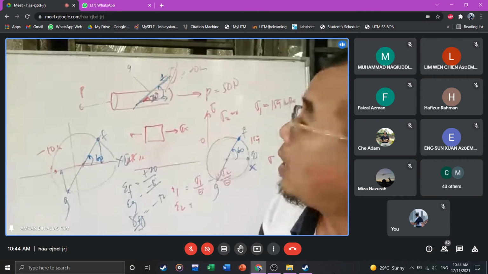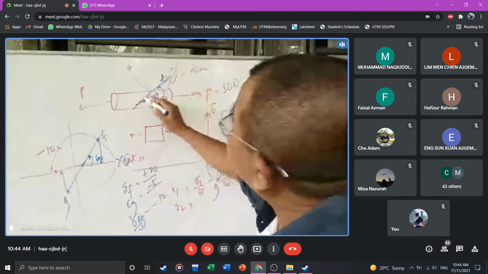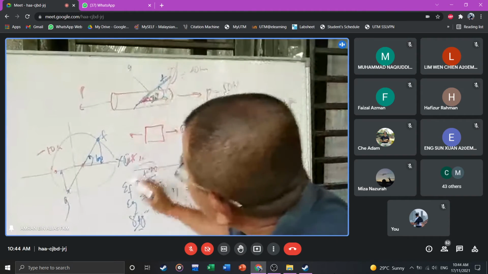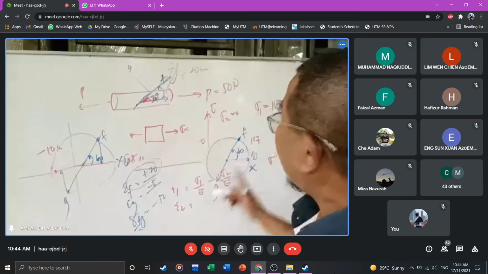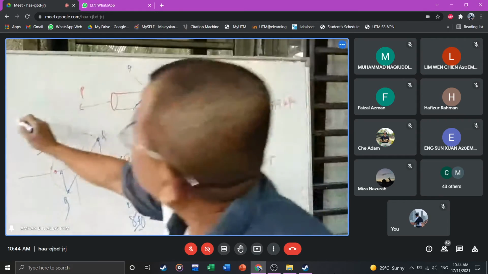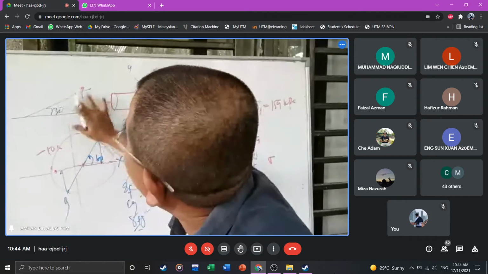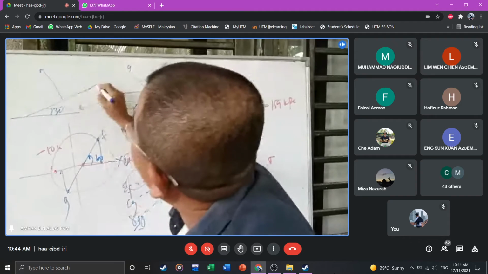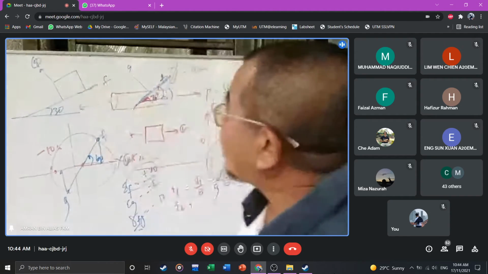Are you with me? Yes. The question is find the strain value. So just this one. If I want to draw the element, how do I draw? From x, 30 degrees. You got F, you got G, and then the element there.